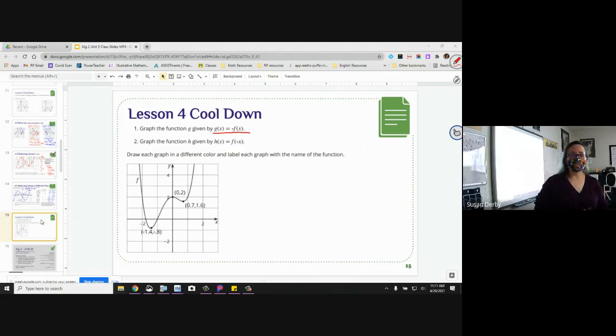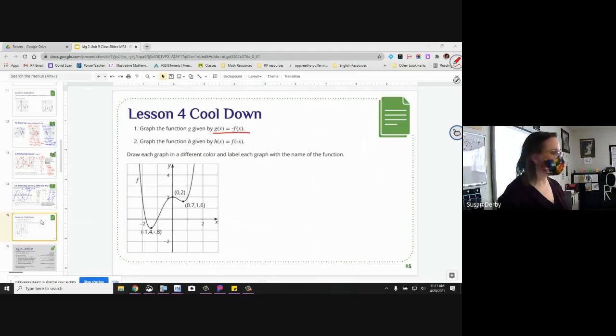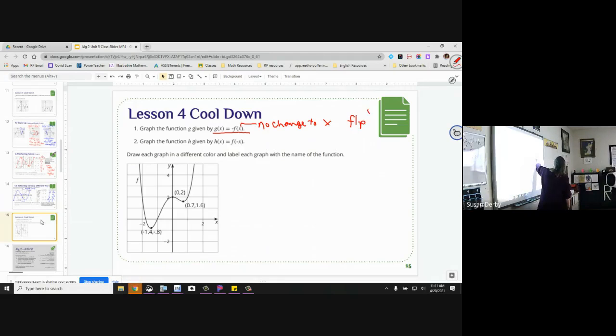The negative is out front. It's changing the output values, not changing the x. Instead, it's going to flip it top to bottom. It's a vertical flip over, a vertical reflection.